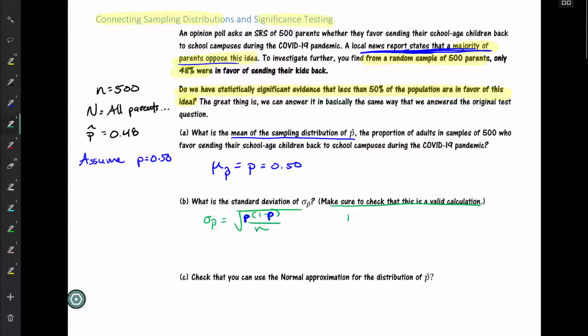So we do have to check our 10% condition before we proceed. Well, it's a good thing we already wrote down some of that information. We know that our sample is going to be less than 10% of our population, that there are definitely going to be more than 5,000 parents of school-aged children. Okay, so our 10% condition is okay. We can go ahead and plug everything in to our calculator here.